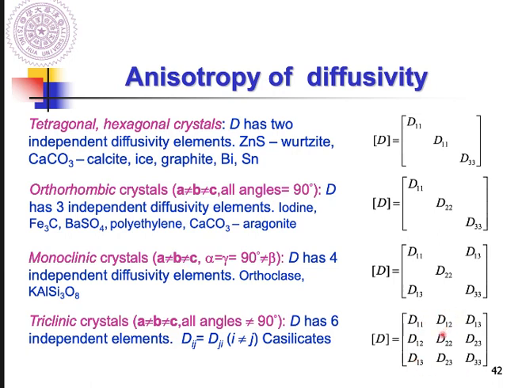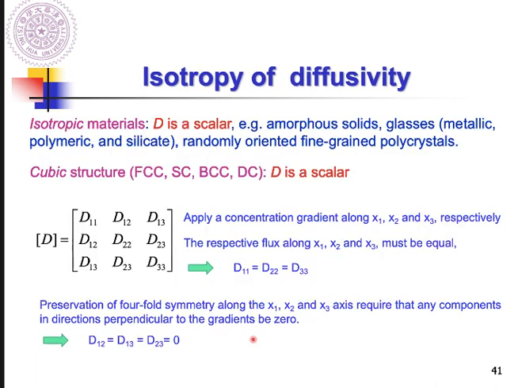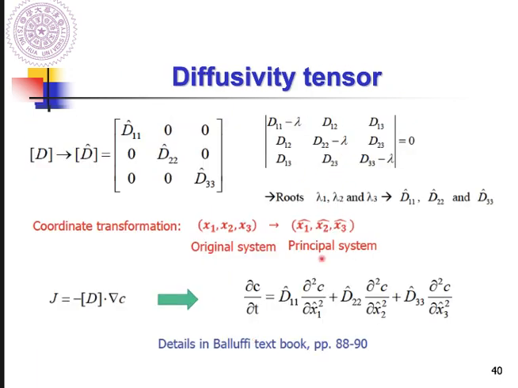So as I mentioned in the previous slide, if you deal with a triclinic crystal, as long as you solve or get the eigenvalues for this diffusivity tensor, lambda 1, lambda 2, and lambda 3, you still can convert the diffusivity from the original system, meaning the triclinic system, to the principal system.